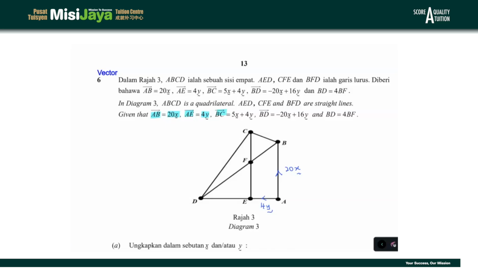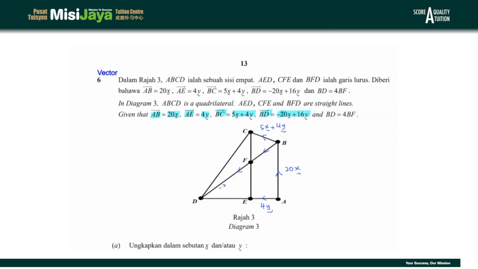And then BC is 5x plus 4y. So B to C here. So this is 5x plus 4y. And then vector BD is negative 20x plus 16y. So where is BD? BD is the whole thing, which is negative 20x plus 16y.